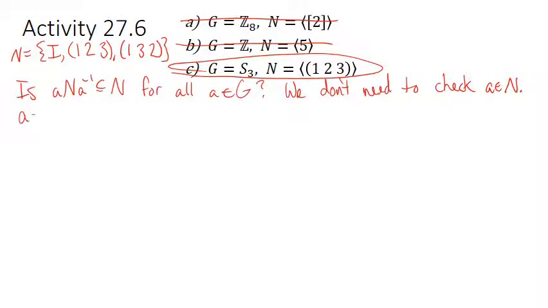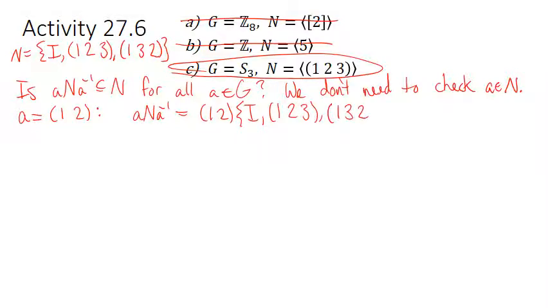Let's check when a is equal to (1 2). So what is a n a inverse in this case? This is going to be (1 2) times these things that are in the set: the identity, (1 2 3), and (1 3 2), and then (1 2) inverse, which is actually just (1 2) again, because it's a transposition, its inverse is the same.